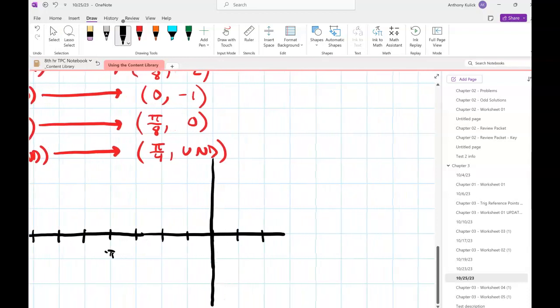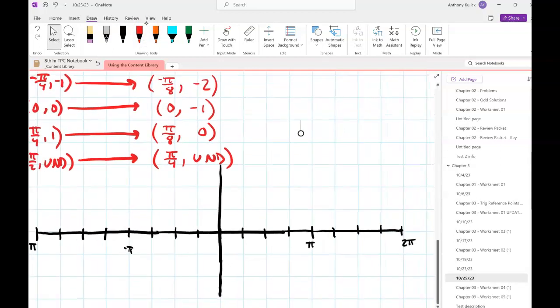All right, 1, 2, 3, 4. 1, 2, 3, 4. All right, let's start some plotting. So pi over 4, or I'm sorry, negative pi over 4 is here.